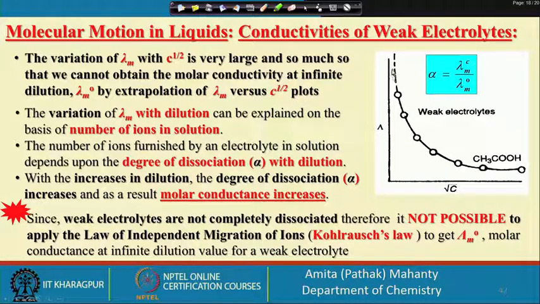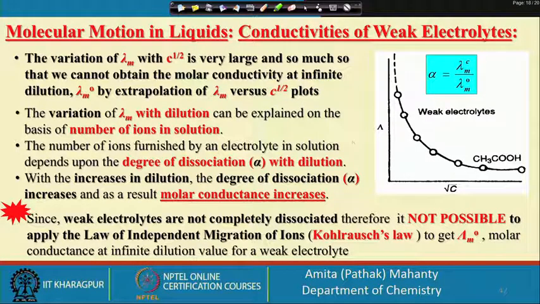Now, you see how the variation compares to the strong electrolyte. At lower concentration it has a moderately high value, and it drastically falls as you go to higher and higher concentration. The variation of lambda is very large, so the molar conductivity at infinite dilution cannot be obtained by extrapolation.